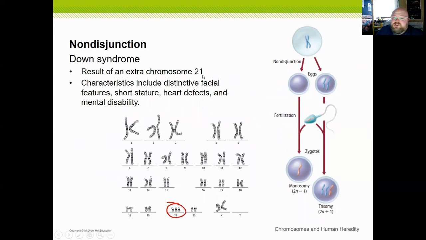Characteristics of a Down syndrome individual are usually distinctive facial features, short stature, heart defects, and sometimes a mental disability, but not all the time. These are the result of nondisjunction happening, and then too many chromosomes getting passed on.